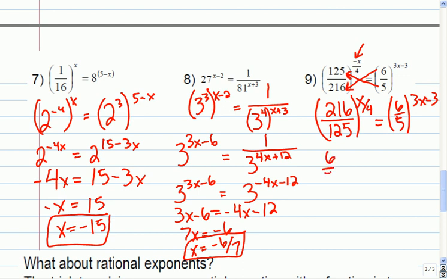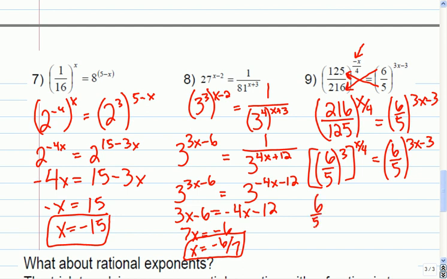This would be 6 over 5 cubed to the x over 4 equals 6 over 5 to the 3x minus 3. And that's going to give me 6 over 5 to the 3/4 x equals 6 over 5 to the 3x minus 3.